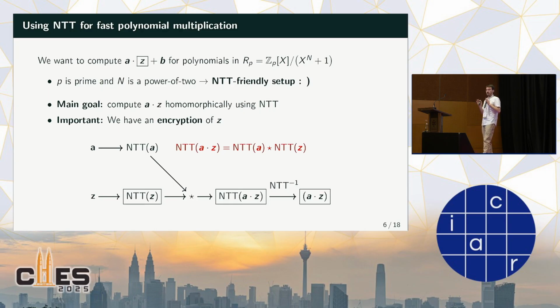The main goal is to compute the most expensive part, which is the product between A and Z. To do that homomorphically using the NTT, you're given an encryption of the NTT of Z, and you start with A, which is part of your ciphertext, compute the NTT of A, then you do the base multiplication between the elements in the NTT domain, which would require some scalar multiplications in the encryption domain. Then you apply the inverse NTT to the result, and you get an encryption of A times Z.